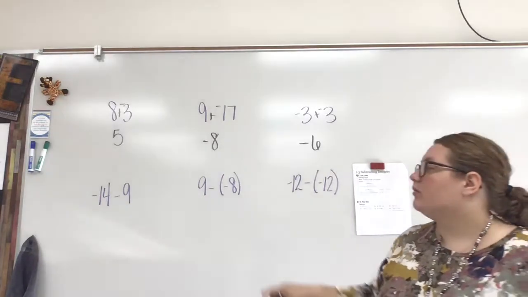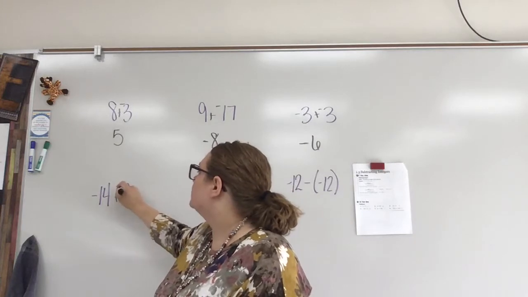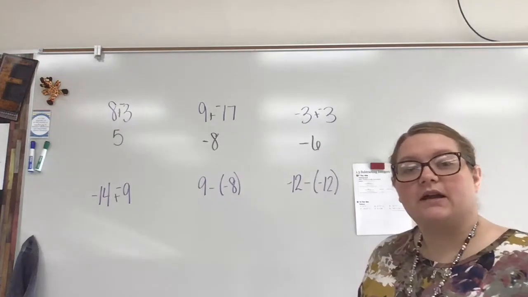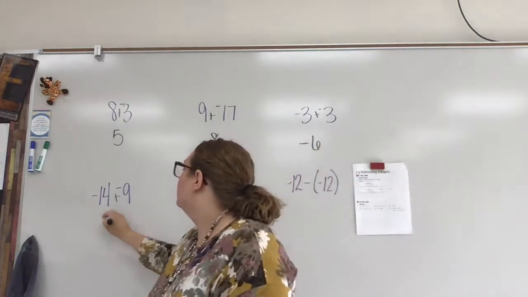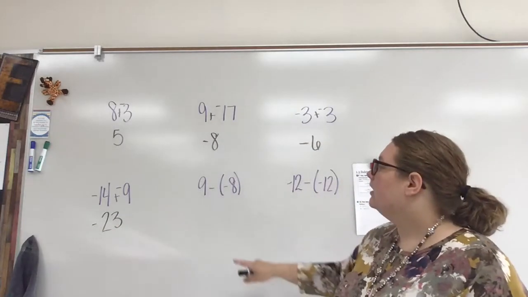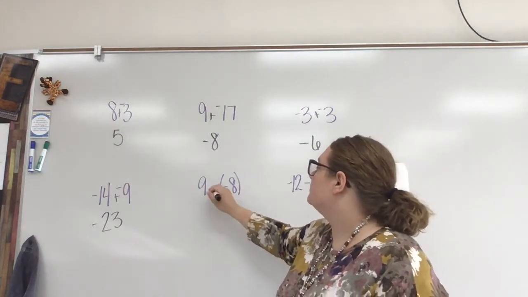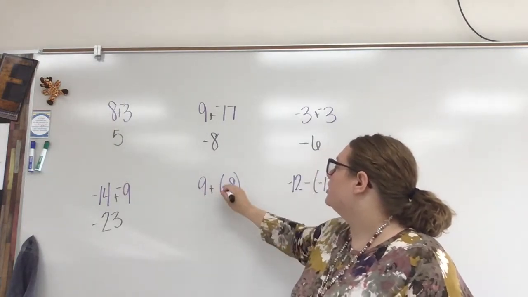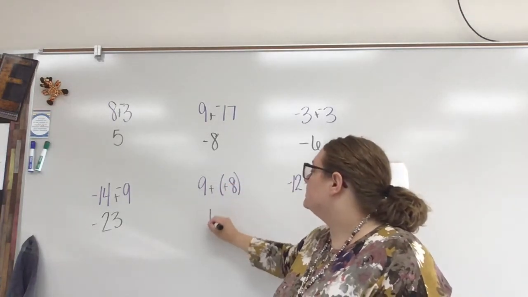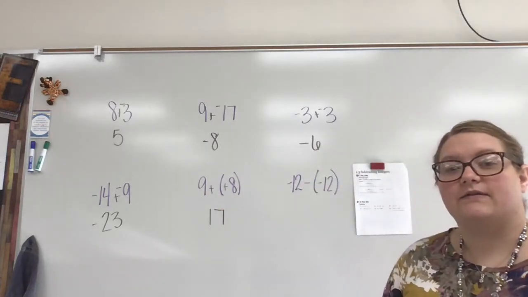Now the same thing with number 4. We change the subtraction to addition, change the sign of the following number. These have the same sign, so 14 plus 9 is 23, and we're going to keep the negative sign. Here we have 9 minus -8. Again, change the subtraction to addition and change the sign of the following number. 9 plus 8 is 17, and these are both positive, so our answer will be a positive 17.